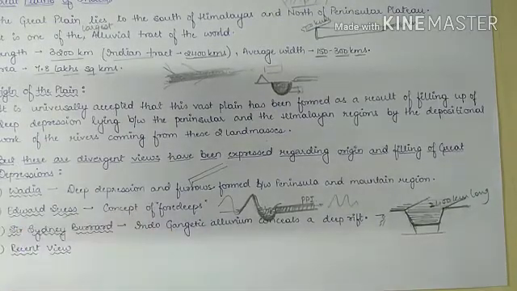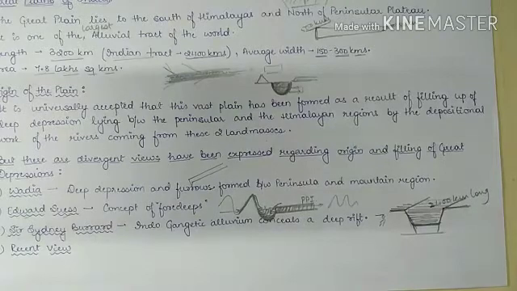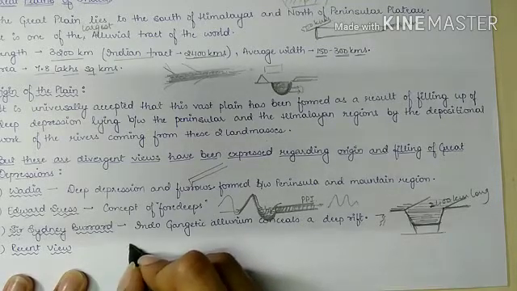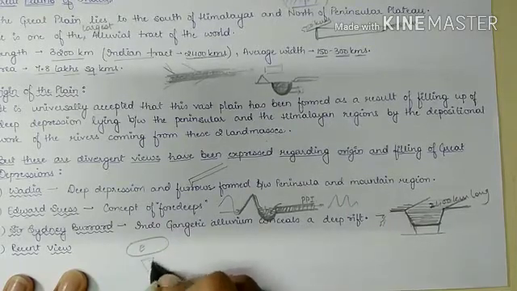Now the most recent view that has been expressed is that the northern plain is actually a sediment deposit at the bed of the Tethys Sea. This was the Eurasian plate, this was the Indian plate, the peninsular Indian plate.